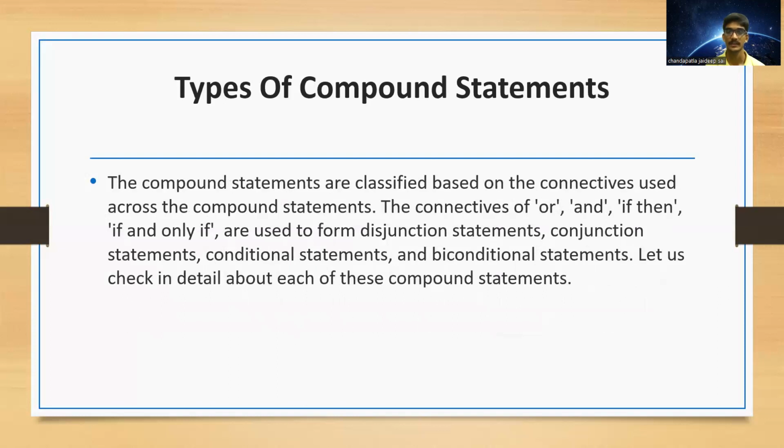Types of compound statements. Coming to the types of compound statements, they are classified based on the connectives used across the compound statements. The connectives or, and, if then, and if and only if are used to form disjunction statements, conjunction statements, conditional statements, and biconditional statements. In general, the compound statements are classified into different types based on the connectives or the words used in between the statements.